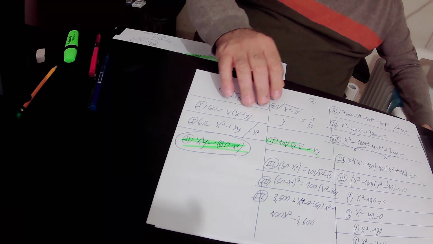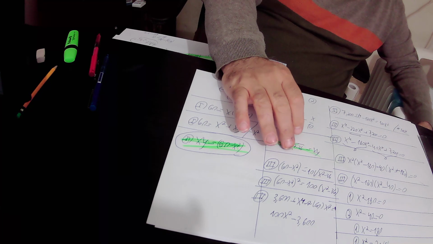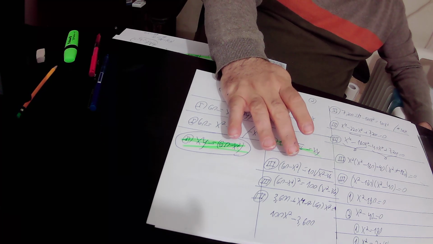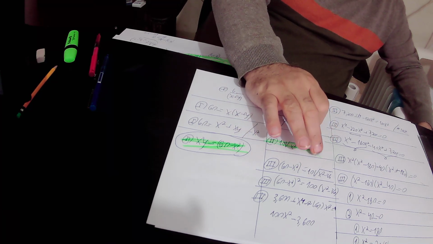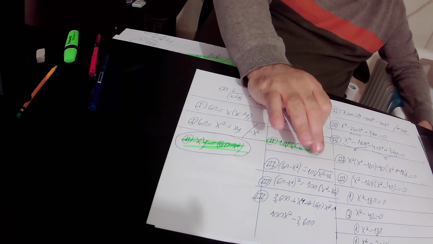Okay, then we squared both sides of equation number 3, and we got that 60 minus x squared, squared, equals 10 squared, that is 100, and the square cancels the root, and we are left only with x squared minus 36.